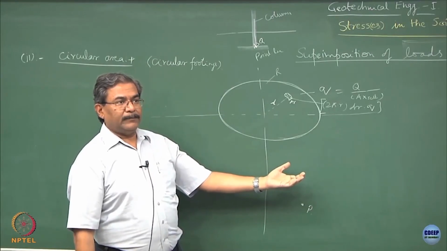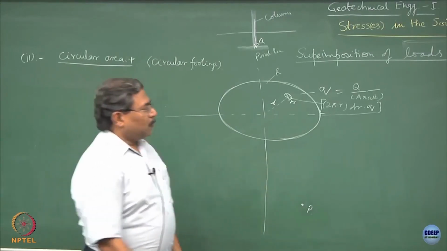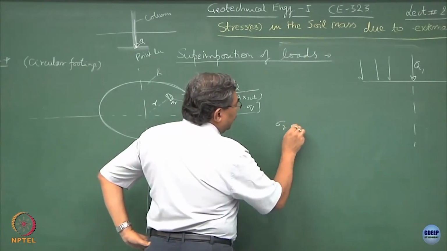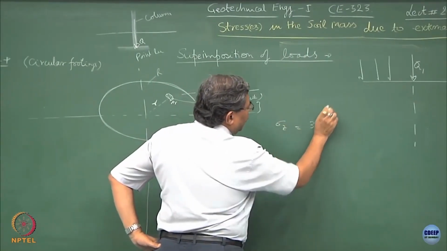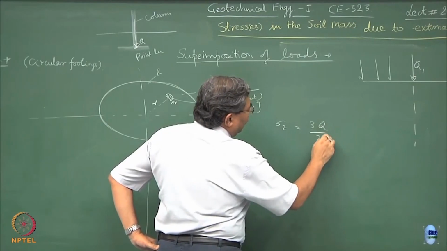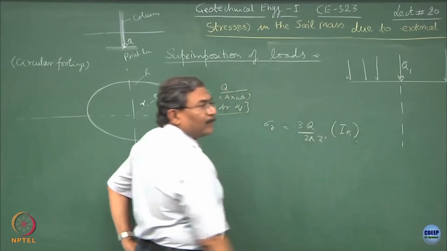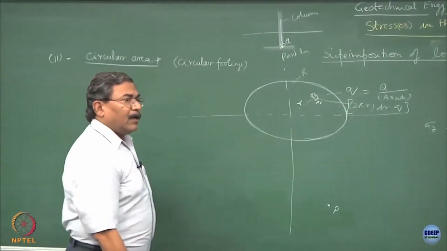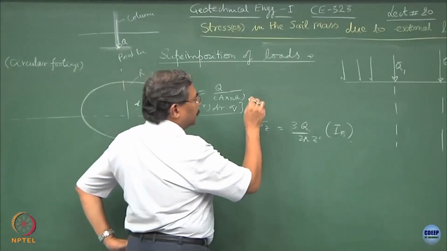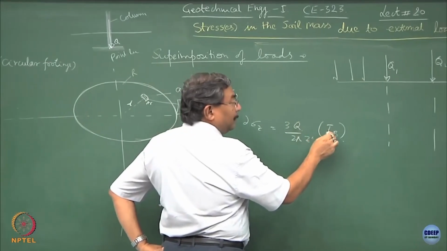Fine, is this okay? So, your function sigma z equal to 3q upon 2 pi z square IB can still be used. I will replace this by del sigma z, and now IB is a tricky term.